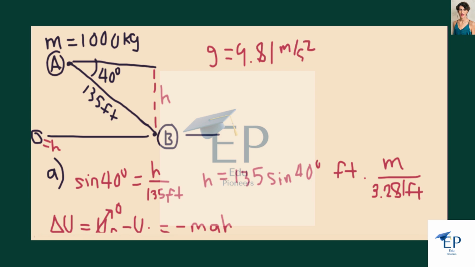So I'm going to put that in a calculator, mgh. m is 1,000. g is 9.81. h is 135. Better set my system for degrees here first, okay? 135 times the sine of 40 divided by 3.281.